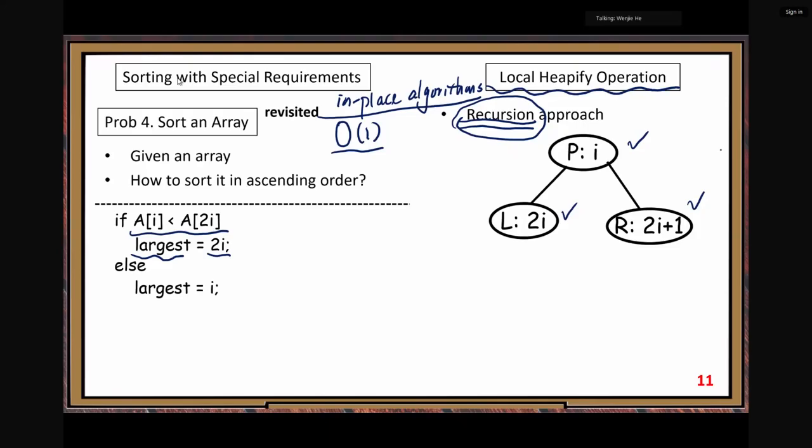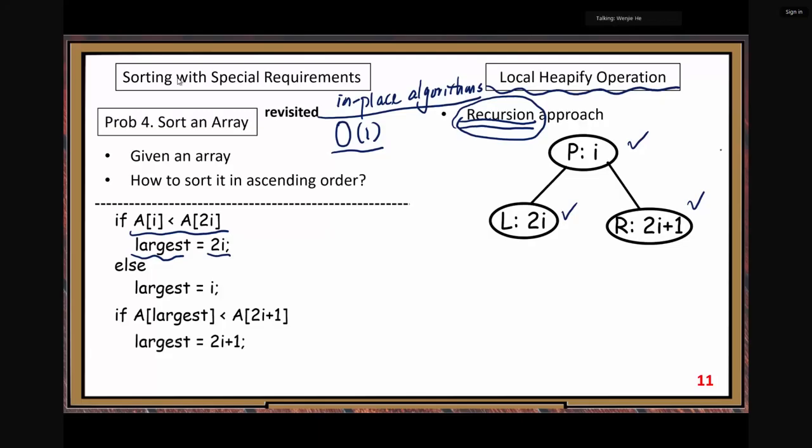We need to do a second comparison. If A of largest is less than A of 2i plus 1, that's another violation, right? The second violation. Then we should update largest: largest equals 2i plus 1.